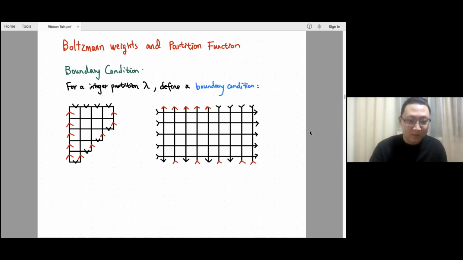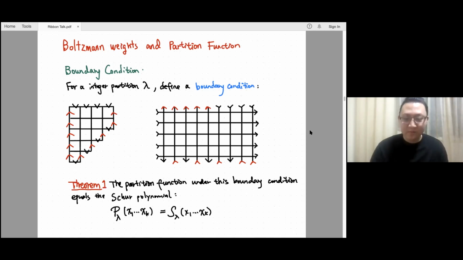Then we look at the other boundary of the Young diagram. Again, we put a down arrow for a horizontal edge and an up arrow for a vertical edge. Then we stretch it out to a line and put these arrows onto the bottom boundary of the lattice.